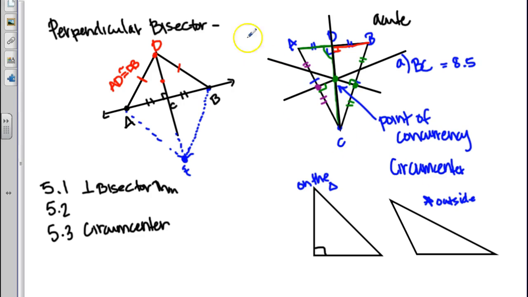All right, the last thing in this section, angle bisectors. Angle bisectors means that we have a ray or a segment that bisects an angle. So it's going to chop it into two equal pieces.